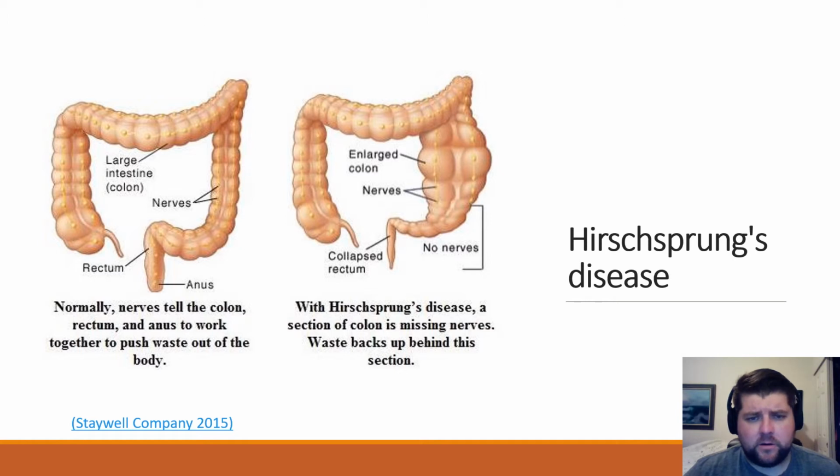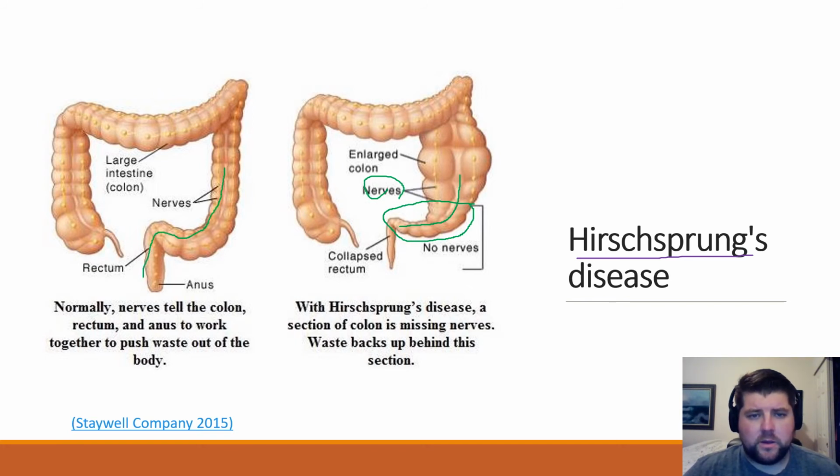That occurs in about 1 in 7,000 children born. It is a condition known as Hirschsprung's disease, and this is a pretty bad one. What happens is there are none of the nerves in the colon, and the distal part of the colon here just doesn't have any nerves, so it's not able to produce normal peristalsis, which doesn't allow for fecal matter to go out through the normal route, which would be over here.